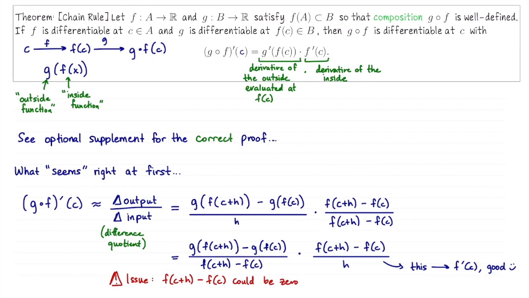For an example of how this could be dangerous, if f were actually just a basic constant function, the denominator would always be 0. So we could have some real problems if we tried to compute this quotient. Okay, so this is not the correct proof, but it's a nice way to break it down so that you see how the derivative of g comes out in the first term, and then you can see the derivative of f come out of the second term. The full proof basically just resolves this issue of having the denominator be 0.